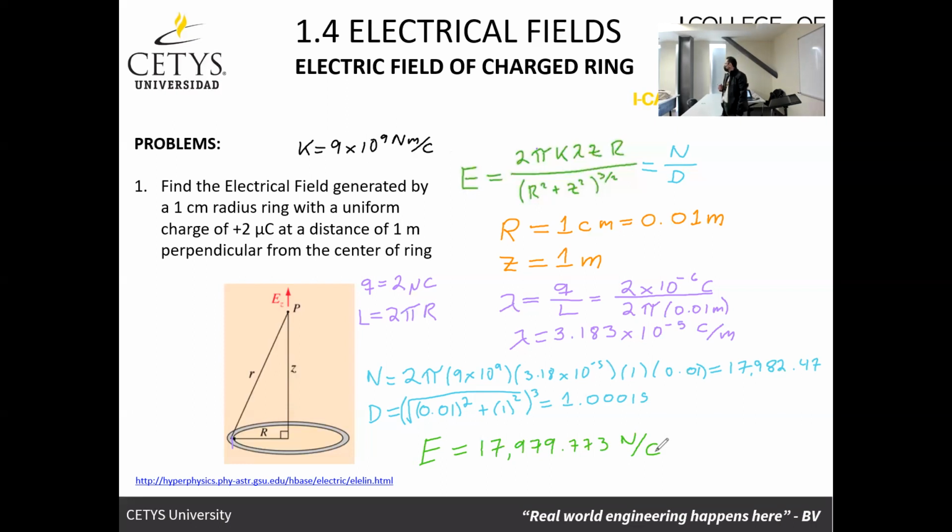How will it look in scientific notation? There's more than one way to represent that in scientific notation. It could be 1.7979 times 10 to the 4.